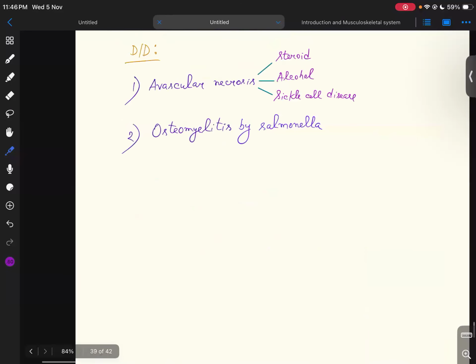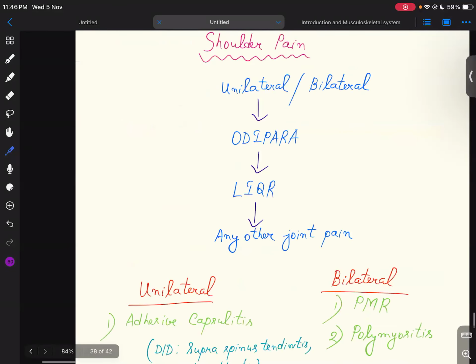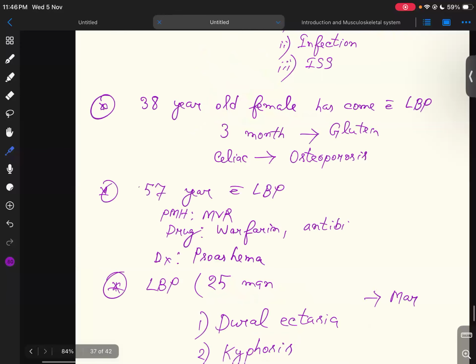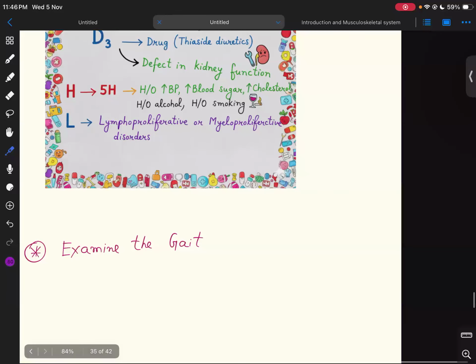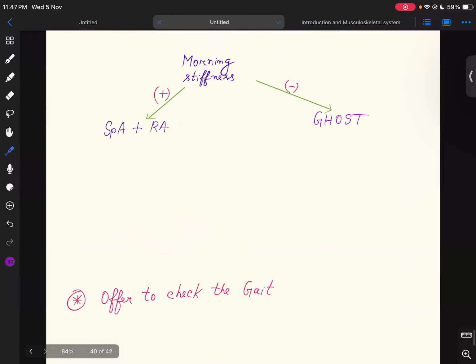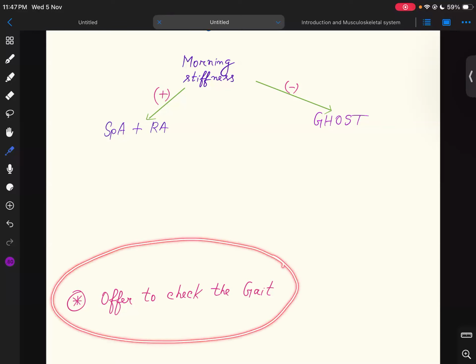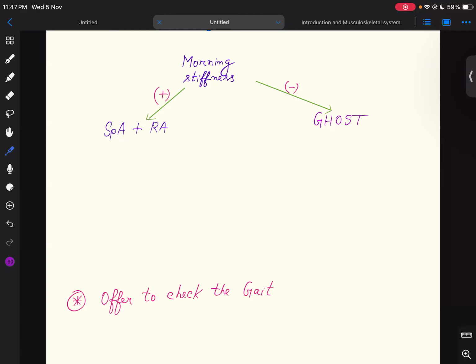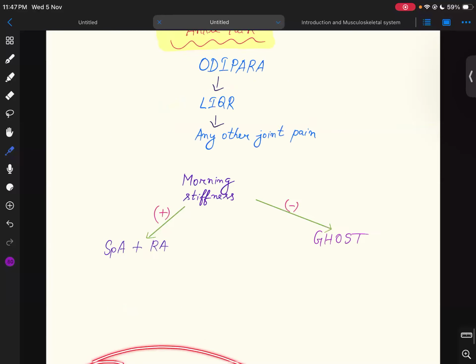And in ankle pain also, we have to offer to check the gait. The patient will have pain and will not be able to walk, but we have to offer to check. We have to tell the examiner that I want to check the gait, if it is possible. Then the examiner will tell you that there is no need. So this is all for ankle pain.